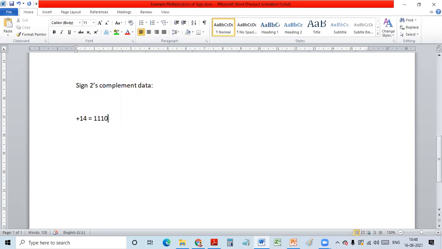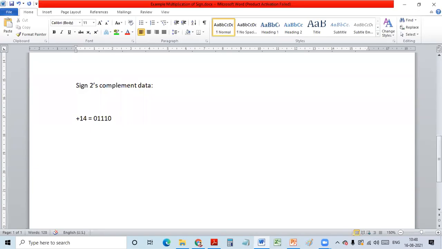Is it positive or negative? It's negative. But I asked you to tell plus 14. We have to add 0 to the most significant bit: 0, 1, 1, 1, 0. Yes, plus 14. In the universal notation, most significant bit 0 means the number is positive, otherwise it is negative.